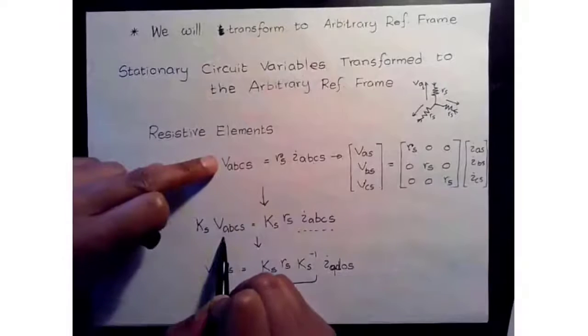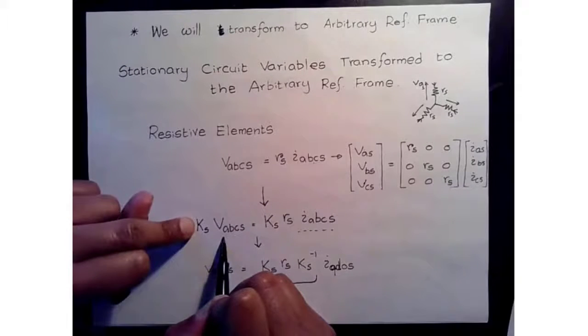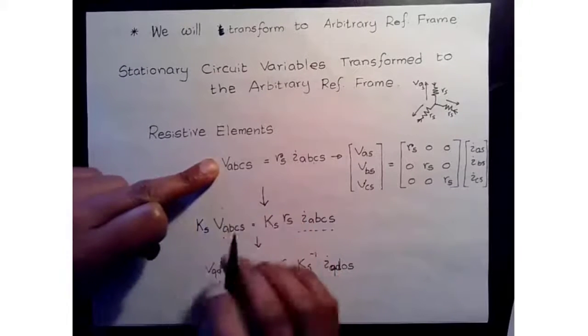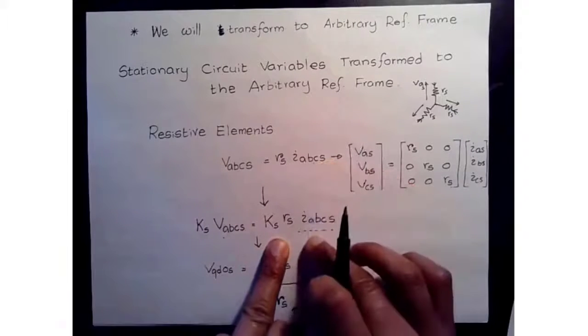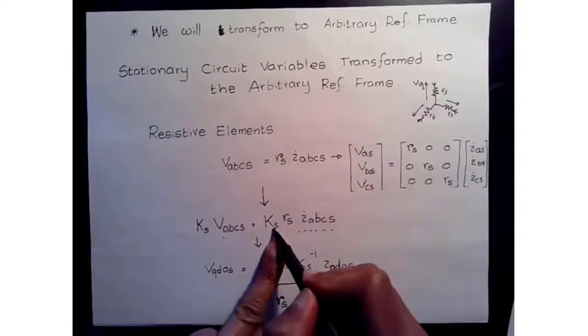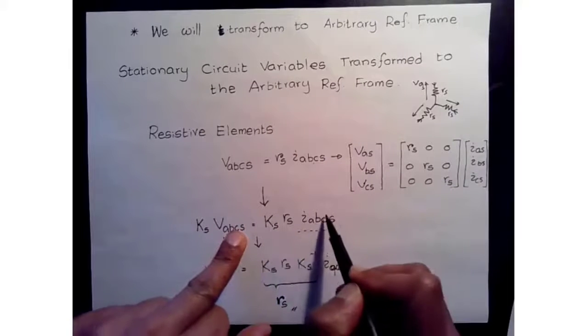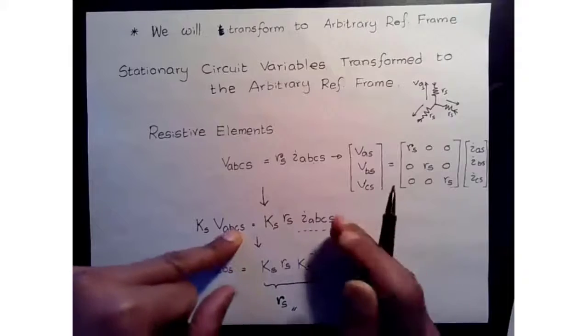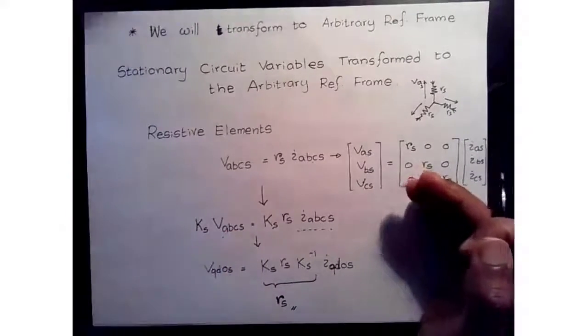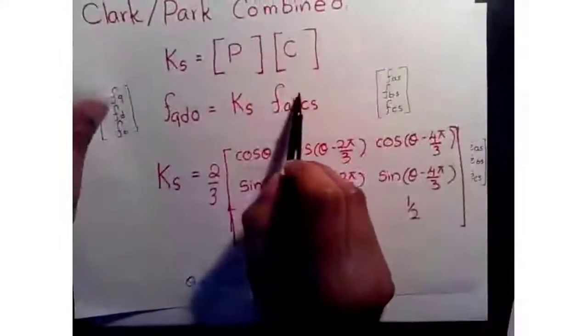So I'm going to left multiply with KS matrix here. Since I left multiplied my left hand side, I want to left multiply my right hand side. Okay, I multiplied my right hand side. Now I have IABCS that I want to convert to QD, or the arbitrary frame, right?